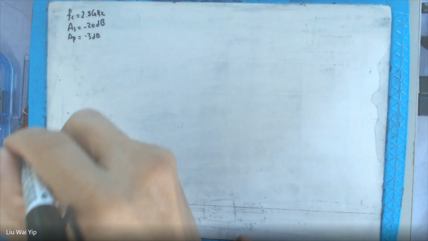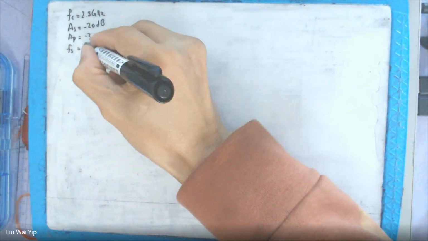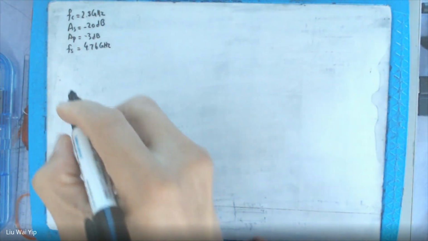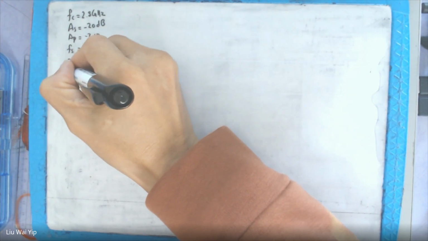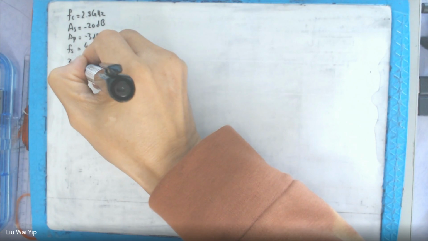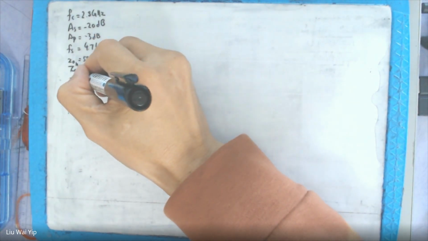The corner gain is minus 3 dB. And the stop band frequency, 4.76 gigahertz. The characteristic impedance, 50 ohm. The high impedance line is 120. The low impedance line is 15. Okay, these are the details.